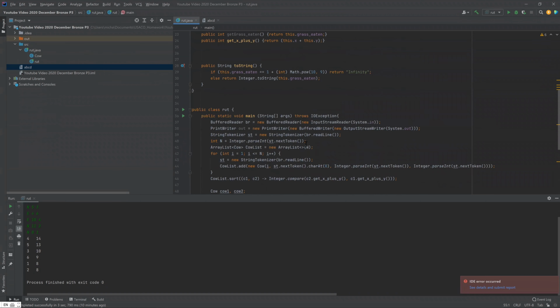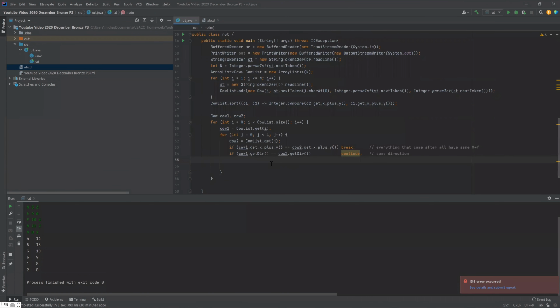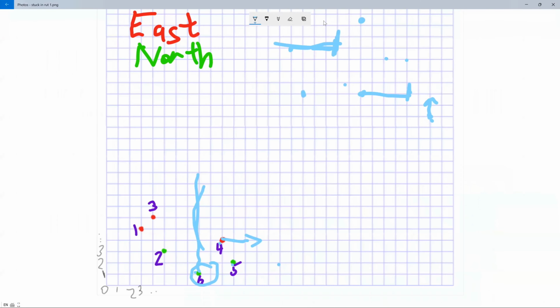Okay, so now next we need to check if they cross each other, right? How do you check if they cross each other? Well, if I'm going east, let me erase all these marks. Okay. If I'm going east, and my y position is greater than their y position, then we have a probability of crossing, right?